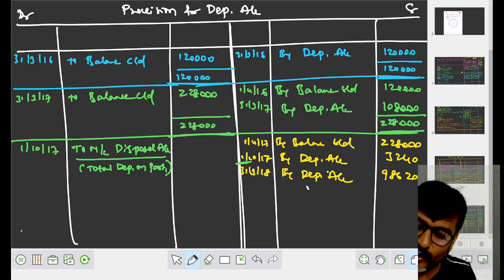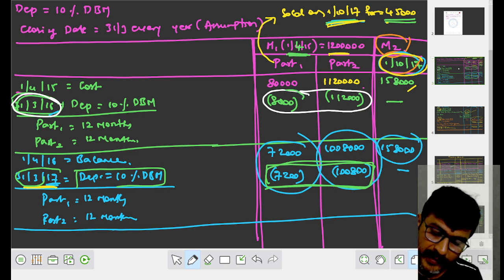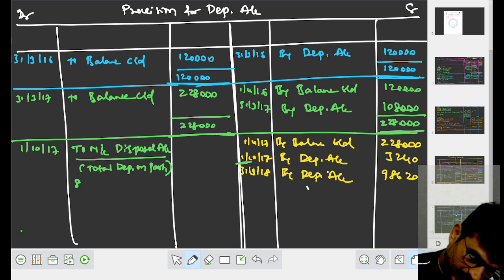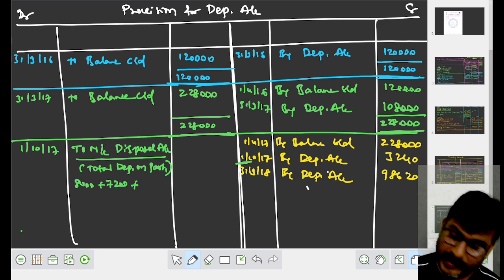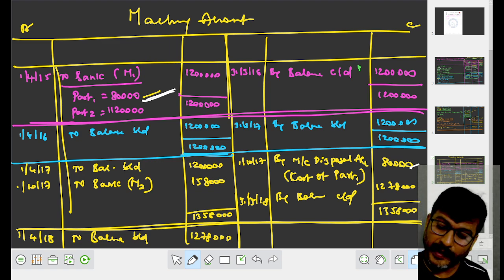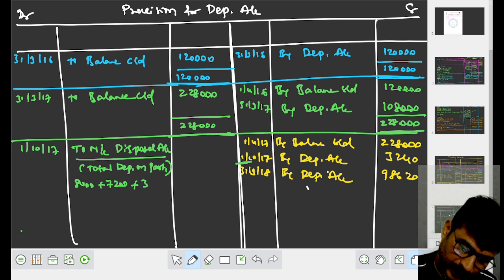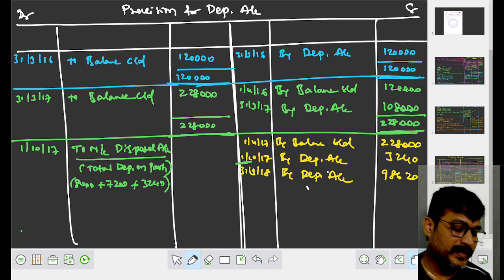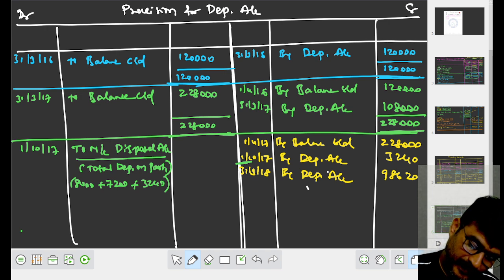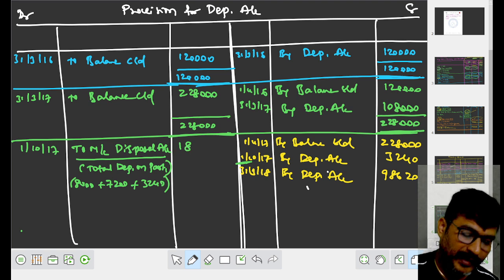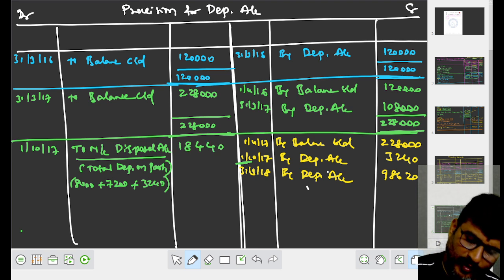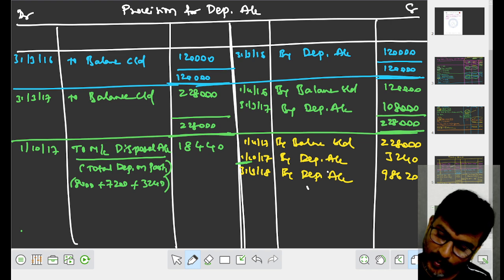See carefully, the total depreciation on part 1: 8,000 plus 7,200 and one more depreciation 3,240. Add all three depreciations, it comes to 18,440.